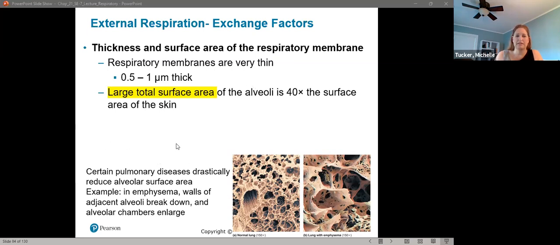However, certain pulmonary diseases reduce surface area, and then that can inhibit the rate of gas exchange. And so oxygen saturation will go down, and carbon dioxide still usually gets offloaded, so it's more of an oxygen issue, which is why people with severe emphysema are on oxygen.